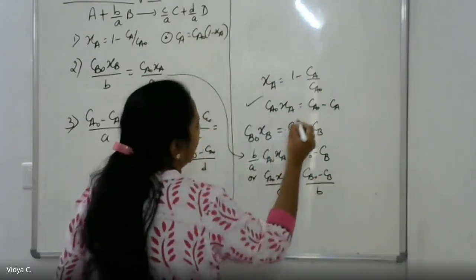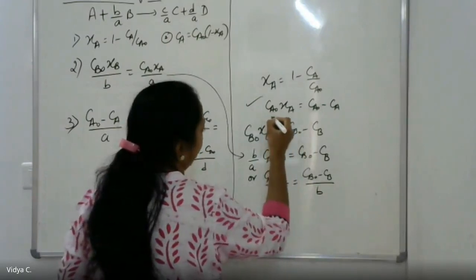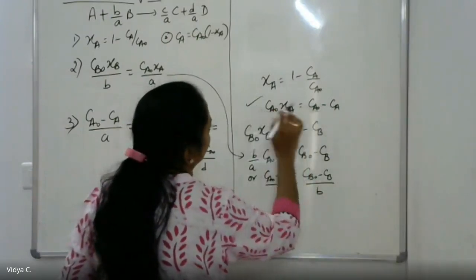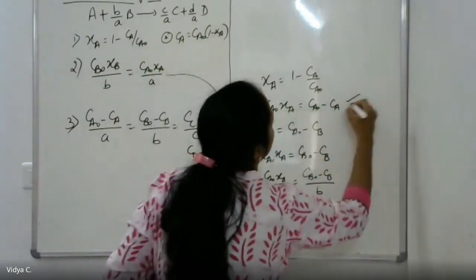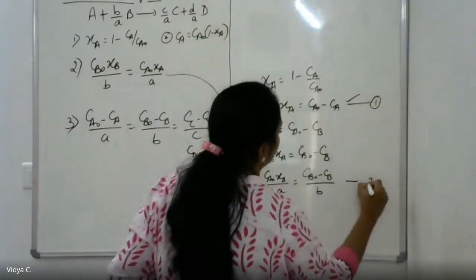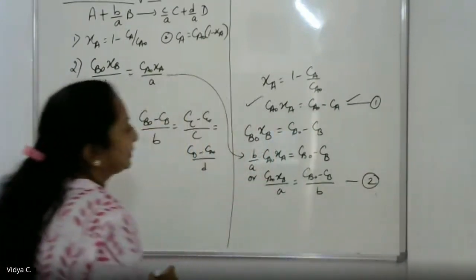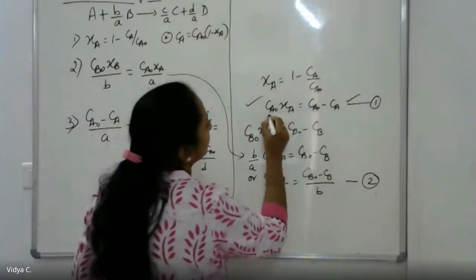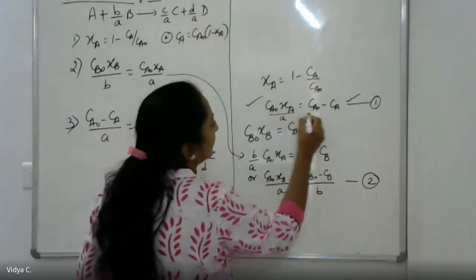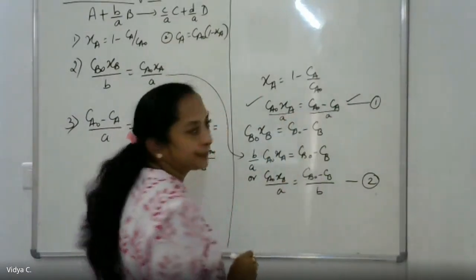So here, CA naught into XA. Just take this as equation 1 and equation 2. For equation 1, on both sides I can divide by A. Correct.